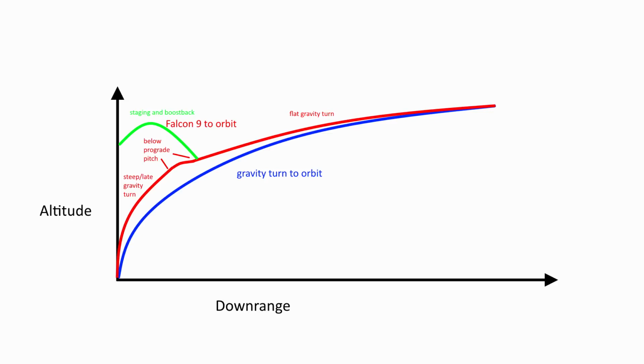So it starts off as a gravity turn, then as it reaches some altitude shortly before staging, and then during and after staging, it turns quicker than a gravity turn, and then after staging it goes on flattening out its trajectory and follows a much less steep gravity turn.